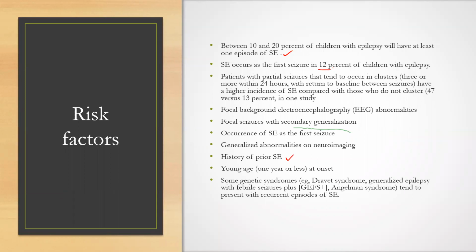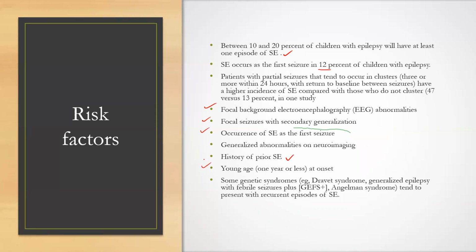Okay, and then other risk factors include focal background EEG changes, focal seizures with secondary generalizations, and occurrence of status epilepticus in the first seizure. All these are risk factors, and even young age, that is 1 year or less than 1 year, is also a risk factor.